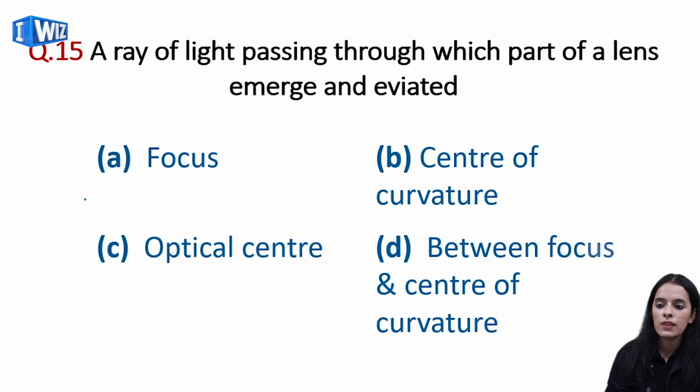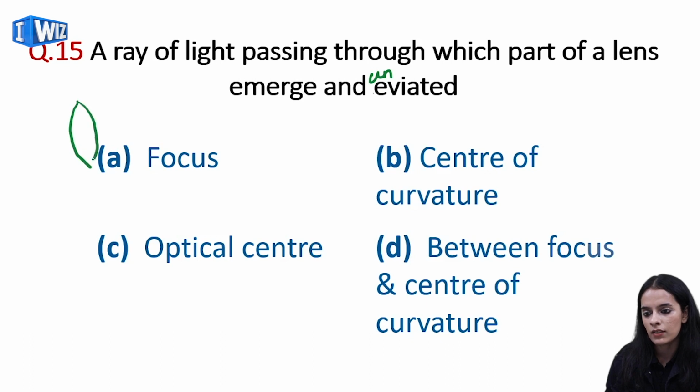A ray of light passing through which part of a lens emerges undeviated? Like if I am taking a convex lens and a concave lens, from which part of the lens will the ray go undeviated?